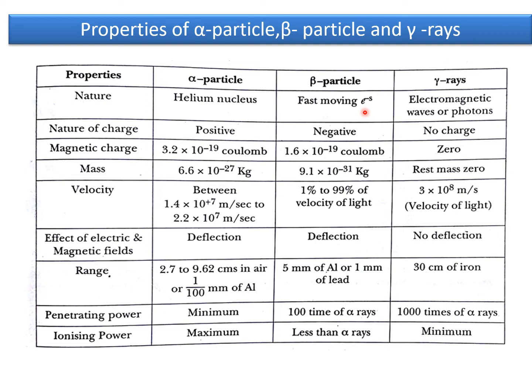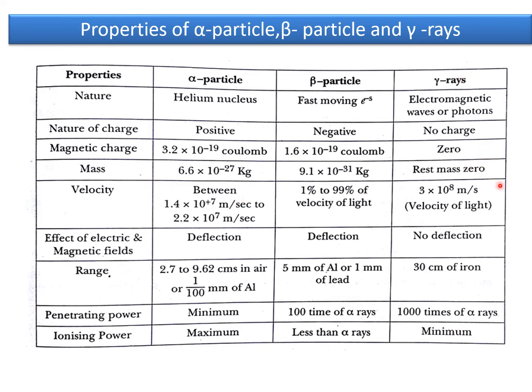About the charge: the alpha particle has a positive charge, the beta particle has a negative charge, and gamma is not deflected, meaning it has no charge. The alpha charge is given as 3.2 because it carries 2 electron charges, therefore 3.2 times 10 raised to minus 19 coulomb, where the electron is 1.6 times 10 raised to minus 19 coulomb. Gamma has no charge, therefore it is 0.